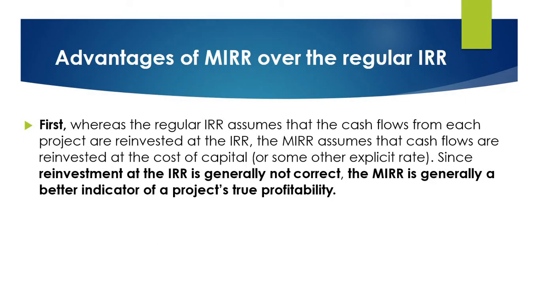Since reinvestment at the IRR is generally not correct, MIRR is generally a better indicator of the project's true profitability. In other words, it is harder to achieve a reinvestment rate of return at IRR. It is much easier to achieve a reinvestment rate at the cost of capital, and this is why MIRR is a better method of measuring the profitability of the project than IRR.